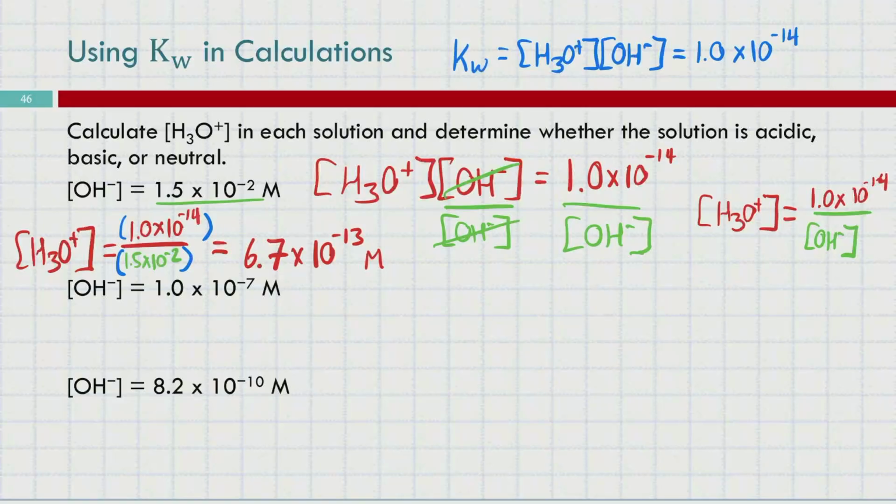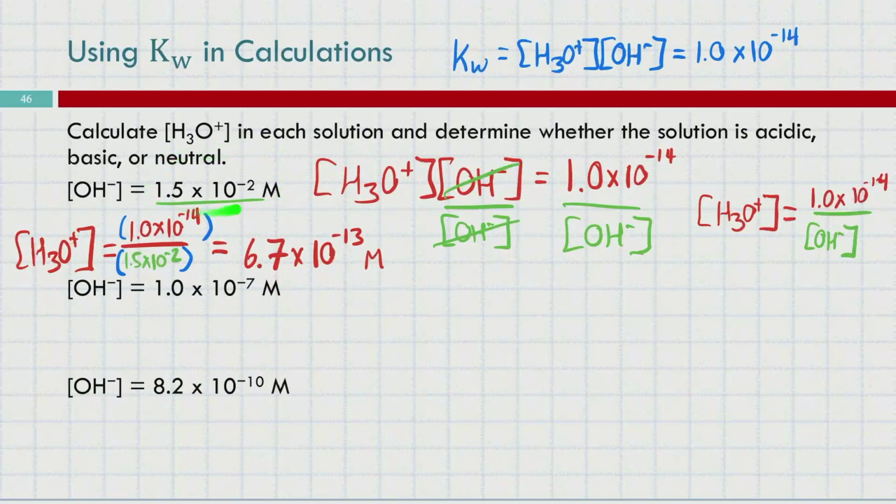Any questions so far? Okay. And then the other question that we're trying to answer is, is this solution acidic, basic, or neutral? AKA, do we have more acid, more base, or equal amounts of acid and base? We've got our hydroxide concentration here, our H3O plus concentration here.